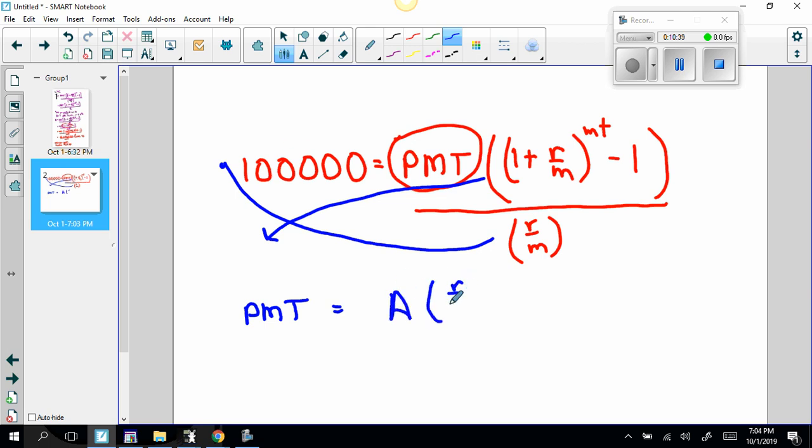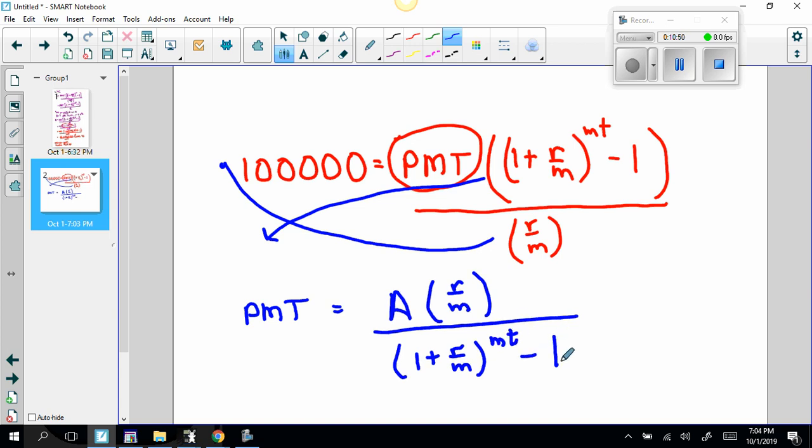Then you just multiply it by R over M, but you divide it by 1 plus R over M to the MT, minus 1. So here's a second formula if you want to call it a second formula.